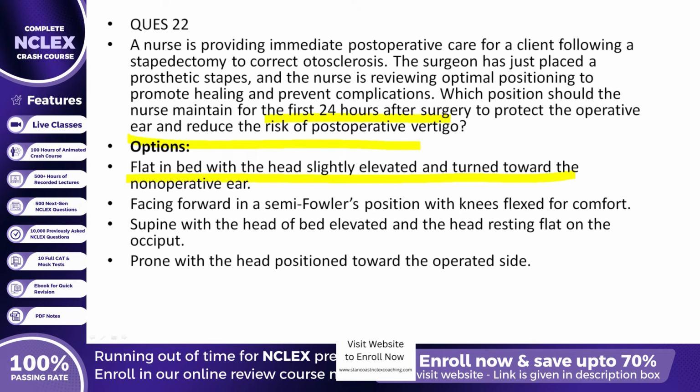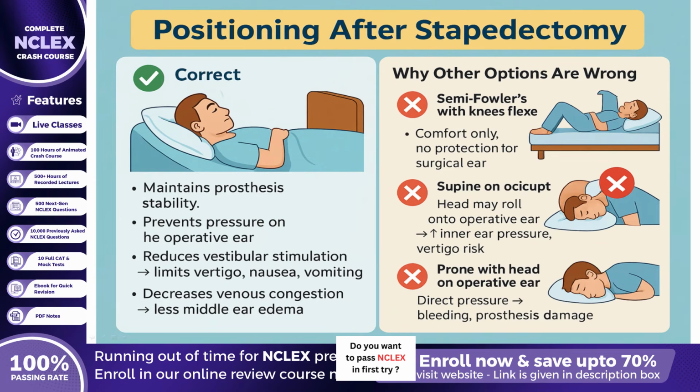Let me explain why this is the right choice. A stapedectomy is performed to replace an immobilized stapes bone with a prosthesis, so that sound can once again be conducted through the middle ear. Because of the close proximity of the cochlea, vestibule, and facial nerve, clients are at risk for vertigo, nausea, vomiting, and prosthesis displacement in the first hours after surgery.